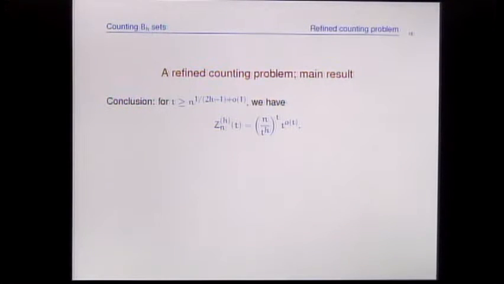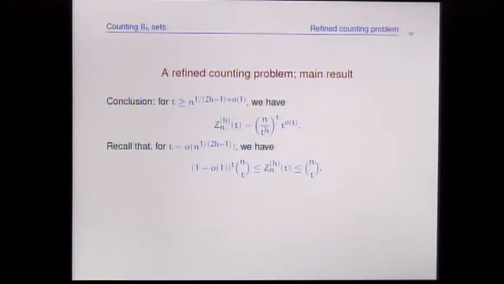So one might say that the conclusion is that if you are just above the threshold of n to the 1 over 2h minus 1, you have this bound. So it's sharp up to this T to the little o(T) factor.